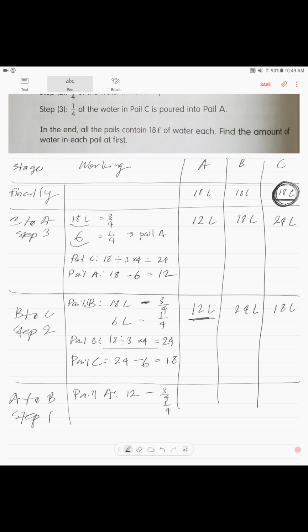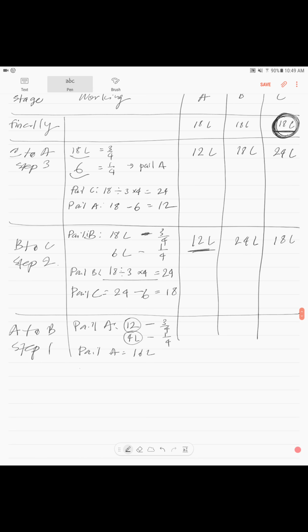So 1/4 is 4 liters. So 12 plus 4, pail A is 16 liters. Or you can calculate it like this as a fraction: pail A is 12 divided by 3 times 4. Same thing, 16 liters.